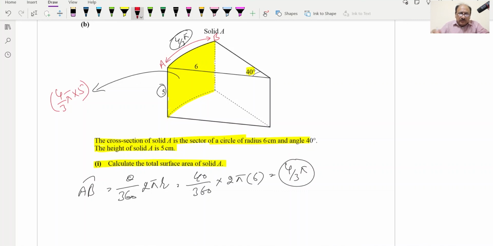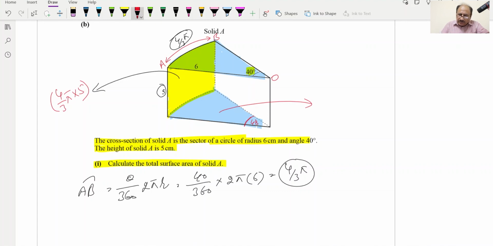We can take this one as O. Now we need the area of the sector, which is basically this top side from here. Or we can take the area from the bottom also. This is the blue shaded area which we are finding, and this angle is 40 degrees.